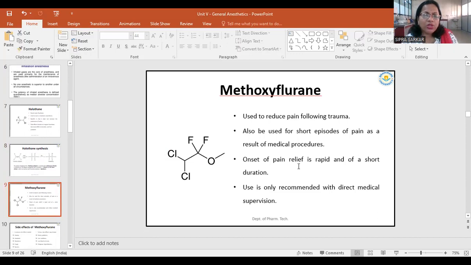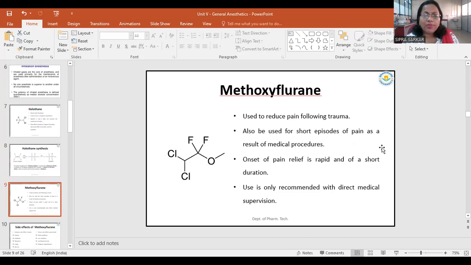Now coming to the next drug, methoxyflurane. In this case, all the drugs contain fluorine. It is used to reduce pain following trauma. Sometimes surgery is going on, there will be cutting or wounds, and there will be pain. That's why these drugs reduce the pain also.